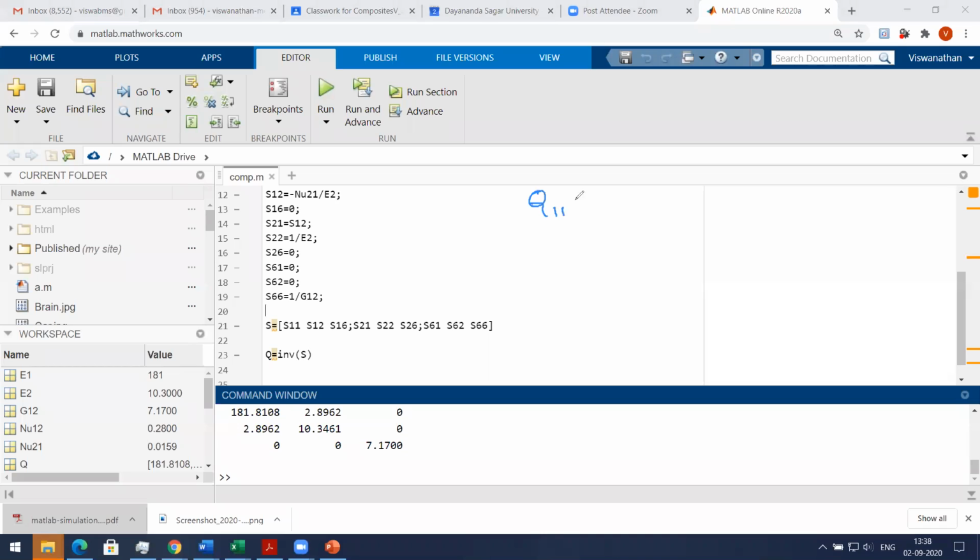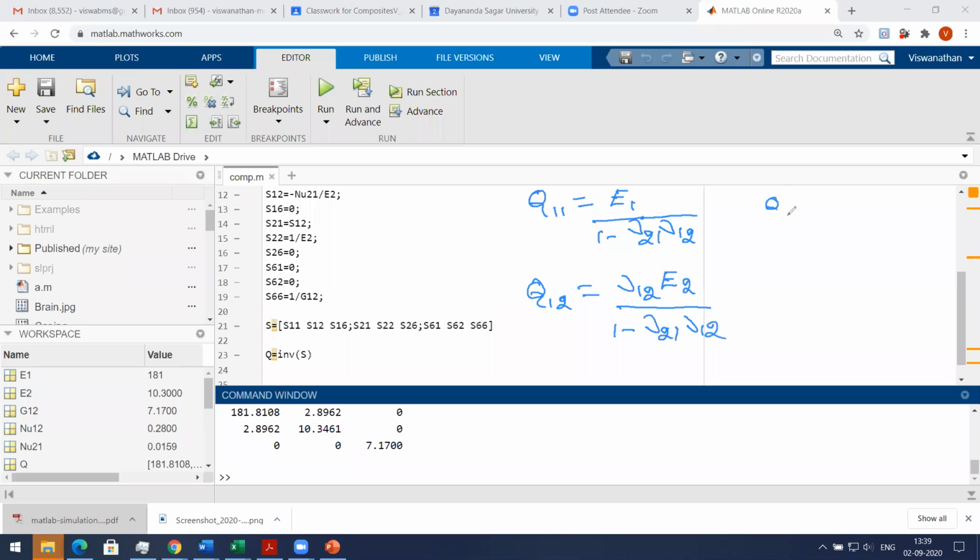So Q11 is equal to E1 divided by 1 minus nu21 into nu12. You can just note down these things. Q12 is equal to nu12 E2 divided by 1 minus nu21 into nu12.